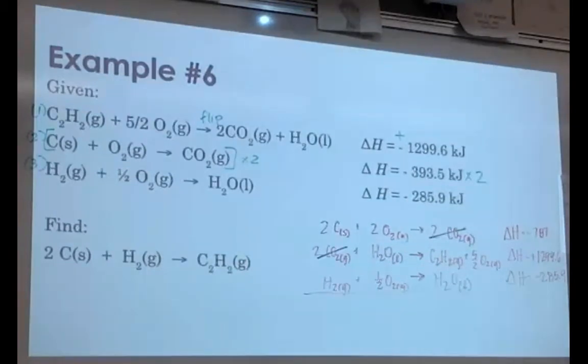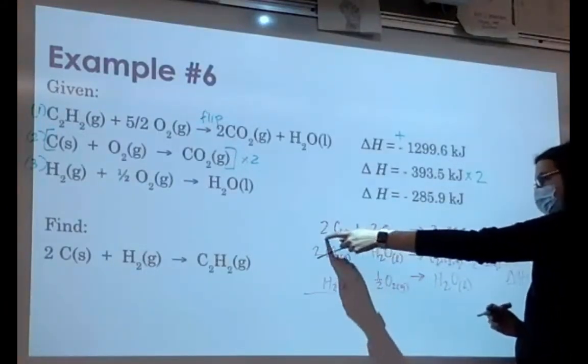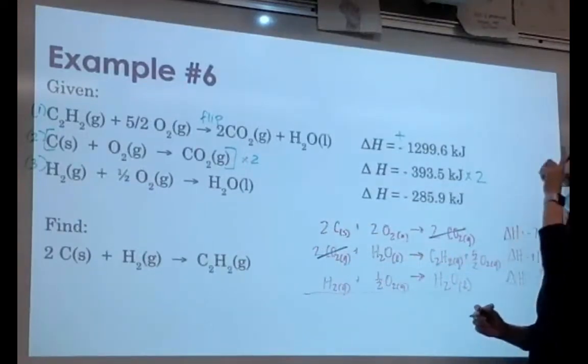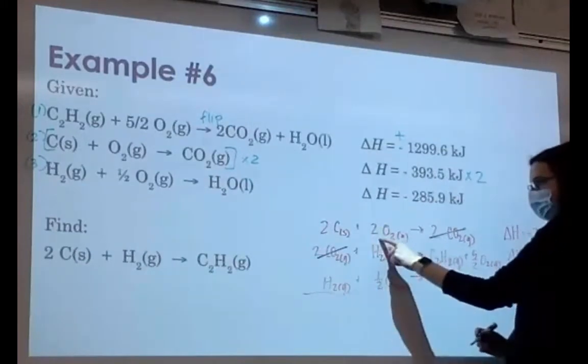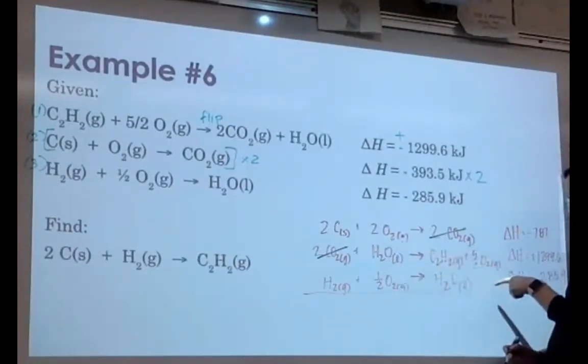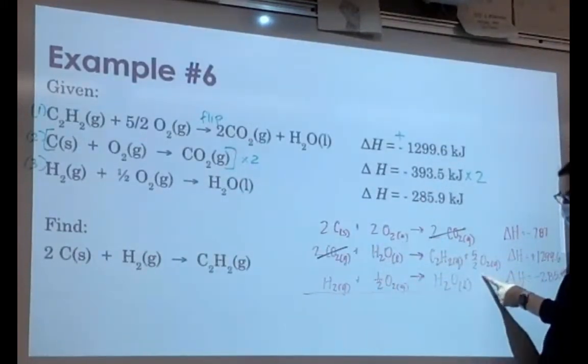What else could I potentially cancel that's on the left and on the right? So if we look here, there's no carbon on this side. It has to be the exact same. So like solid carbon, no solid carbon over here. 2 O2s. Well, I have 5 halves O2.